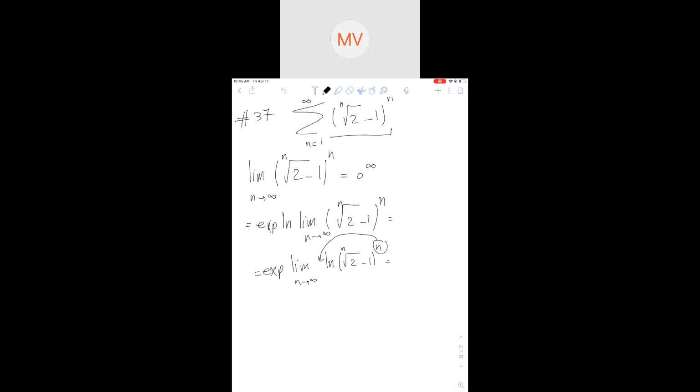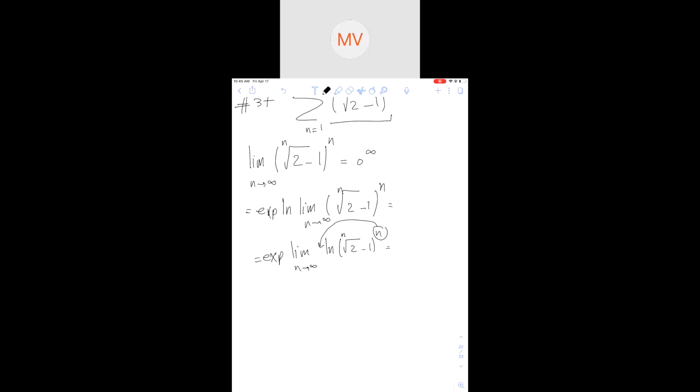We can bring n right behind natural log, right? So exponential limit n, and I'm going to bring n to the denominator, so I'll write it as 1 over n.